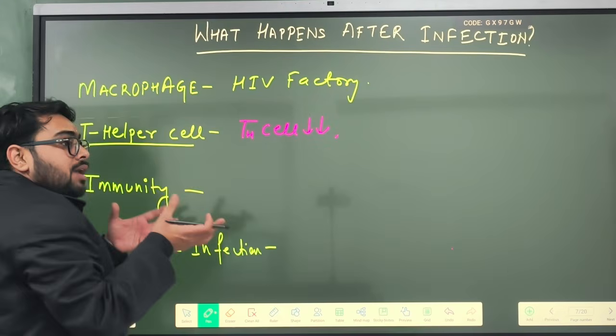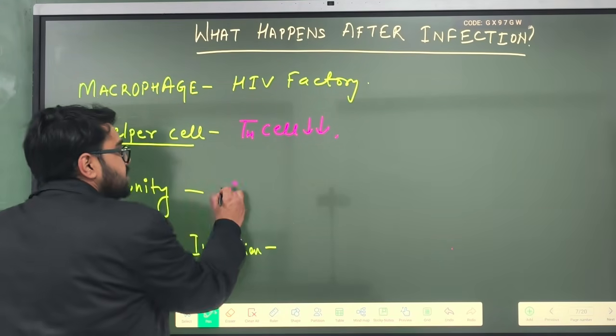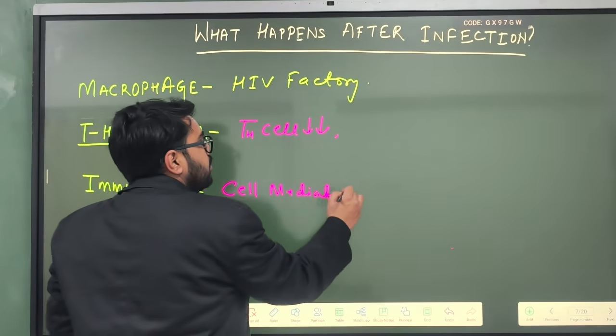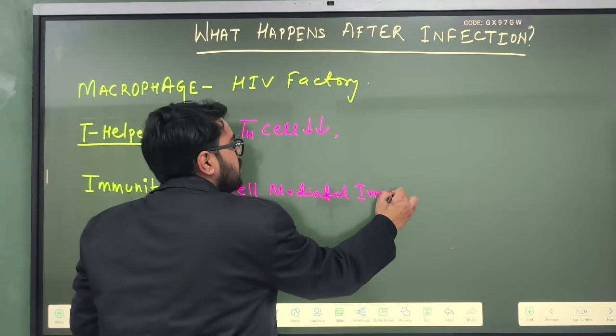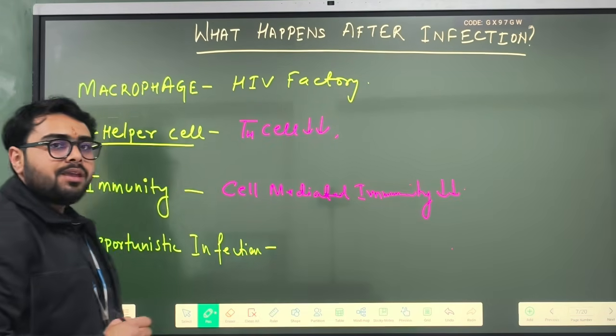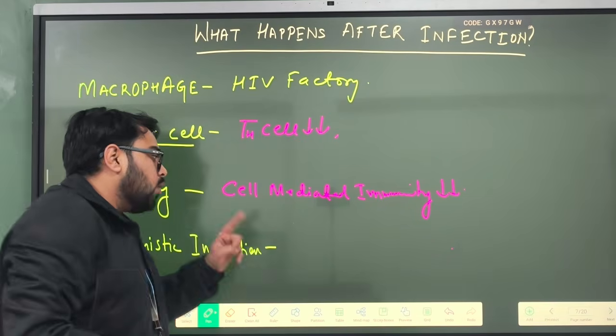Next, what will happen? When the T helper cell gets reduced, during that time the cell-mediated immunity will get hampered. Is it so? Because of this, what will happen?